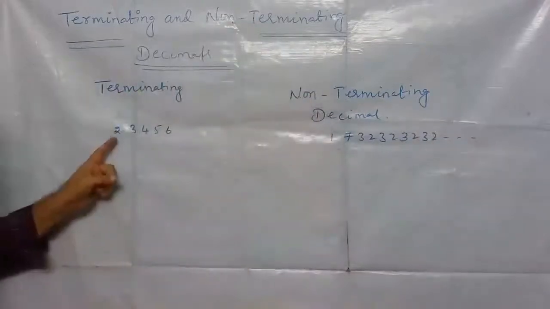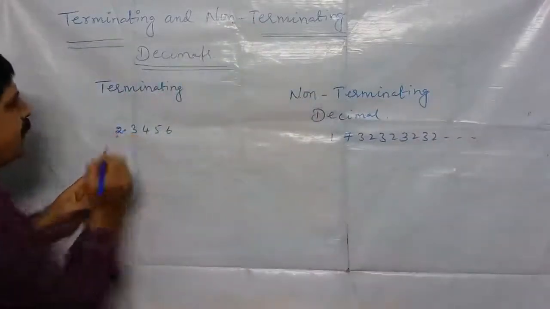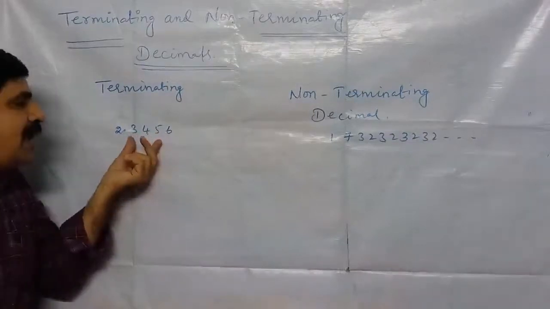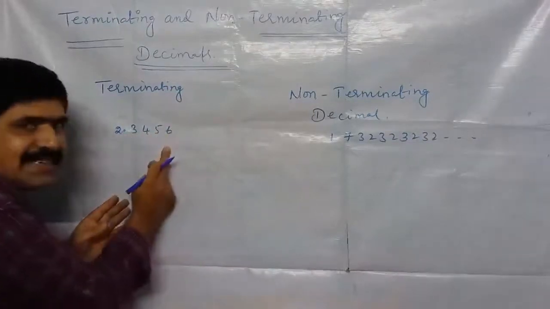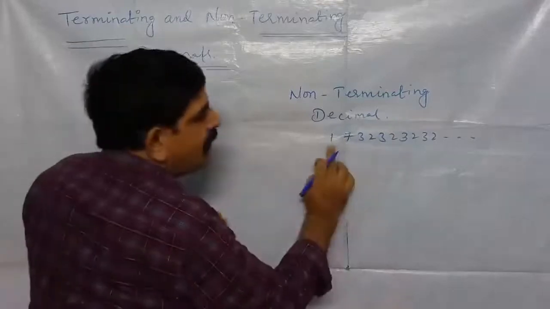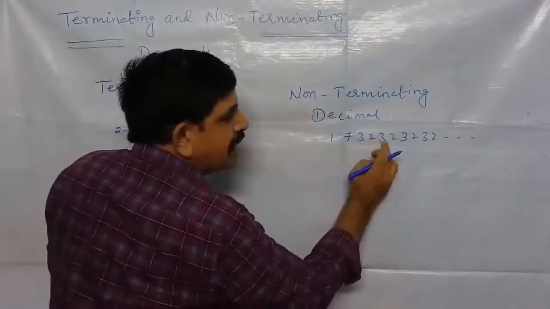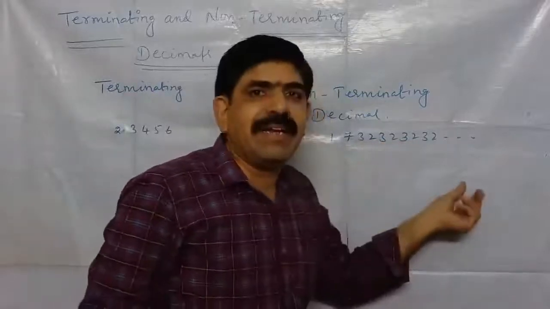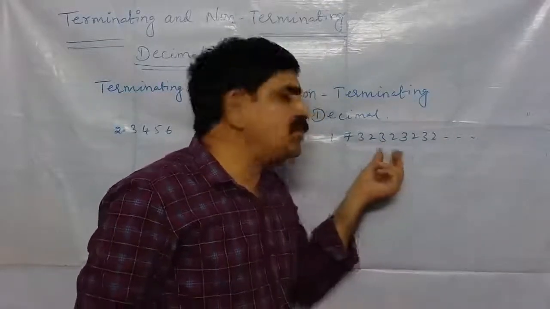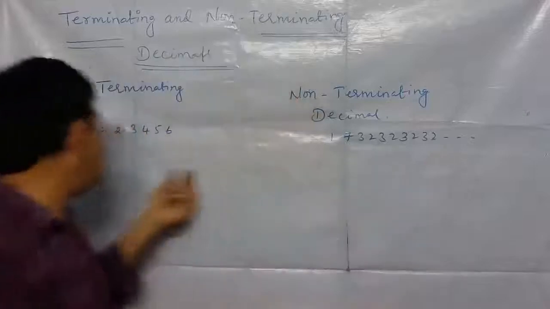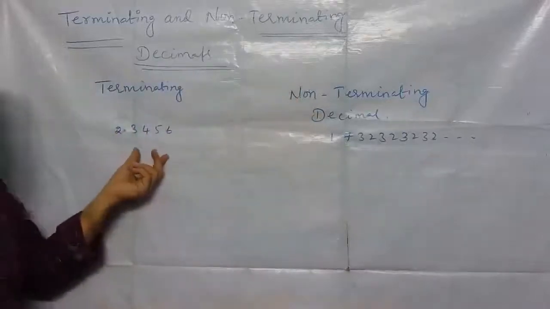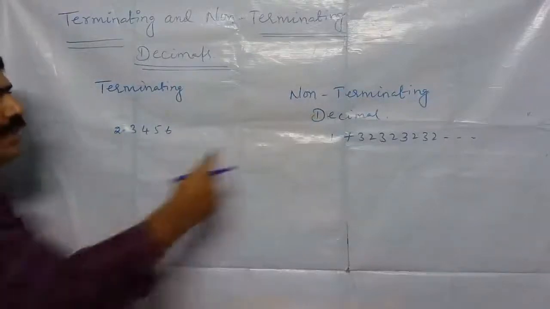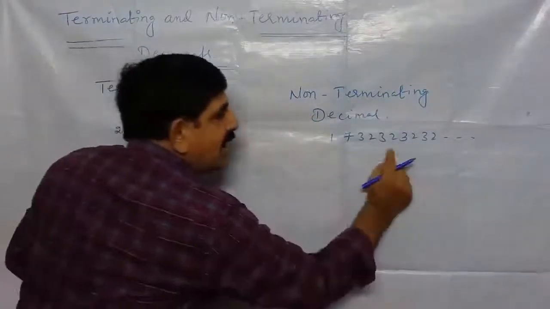Here 2.3456, the decimal ends with 6, but here 1.7323232, that means 32 is repeating, right? 3 and 2 are repeating decimals. Here there is no repeating decimal, so terminate means it ends with some digits. Non-terminating is it cannot end.